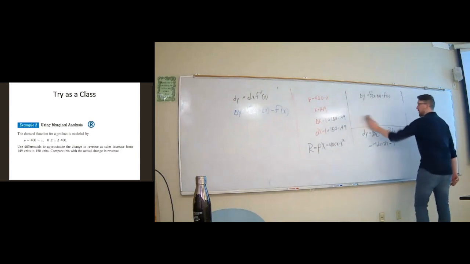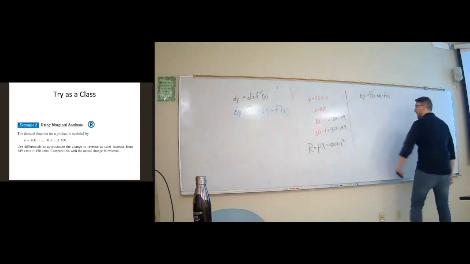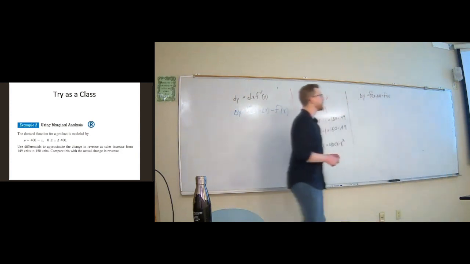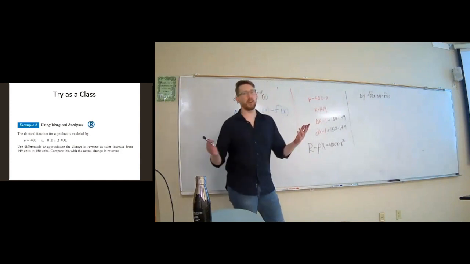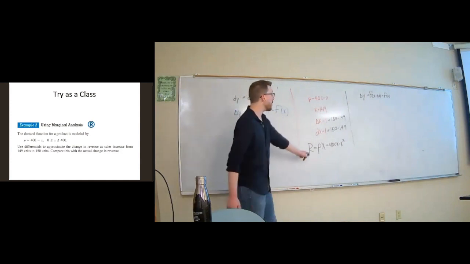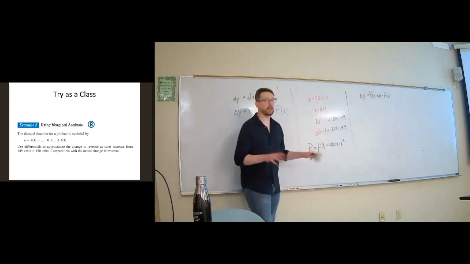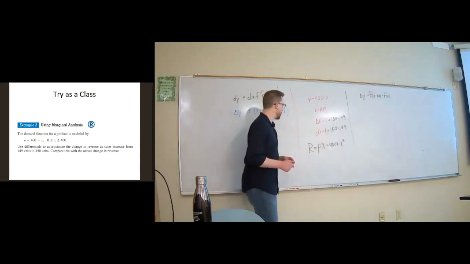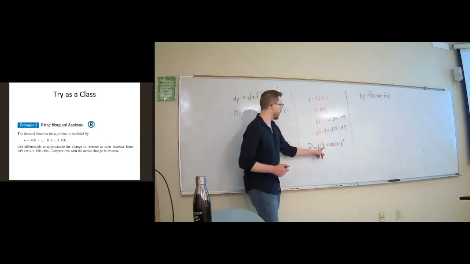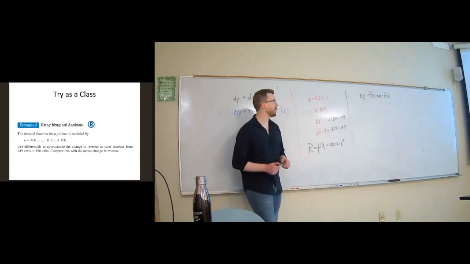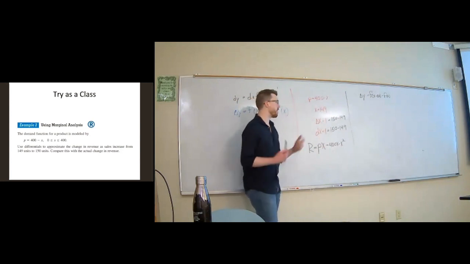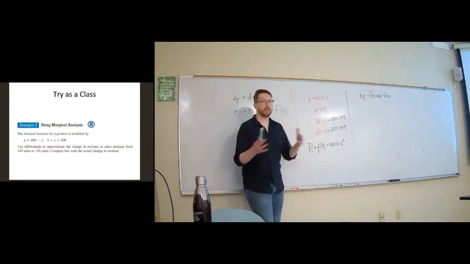Now this was my mistake. I did not read this problem entirely. I just said, oh, demand function, let's go ahead and calculate everything. No, we needed to find everything in terms of the revenue, right? The differential analysis of the revenue. Revenue, again, is demand function times X. Our demand function is P is equal to 400 minus X. So demand function is of price as a function of demand.